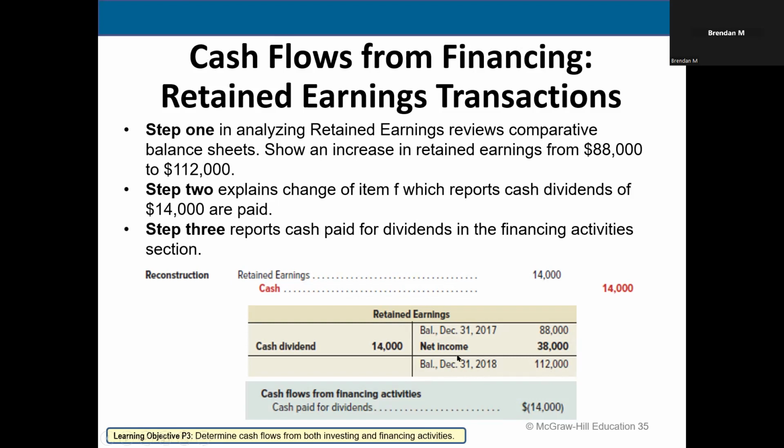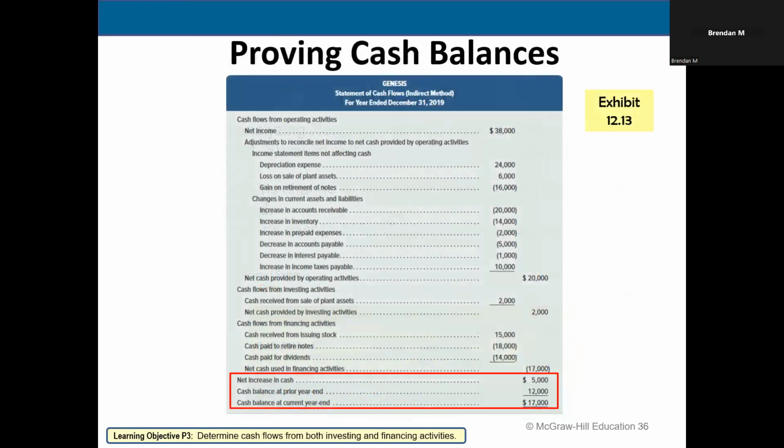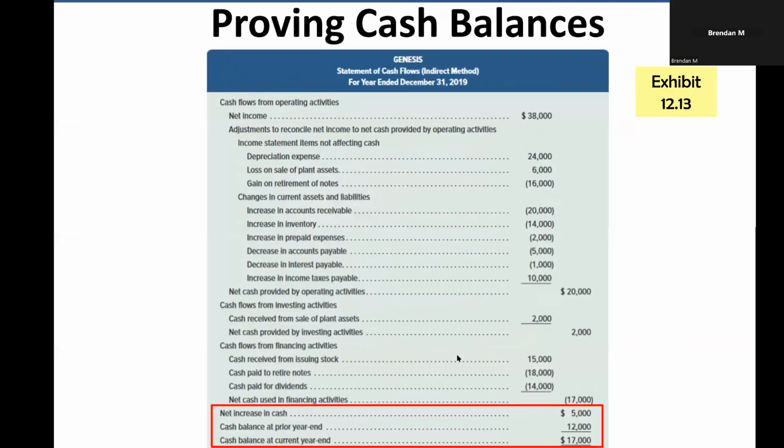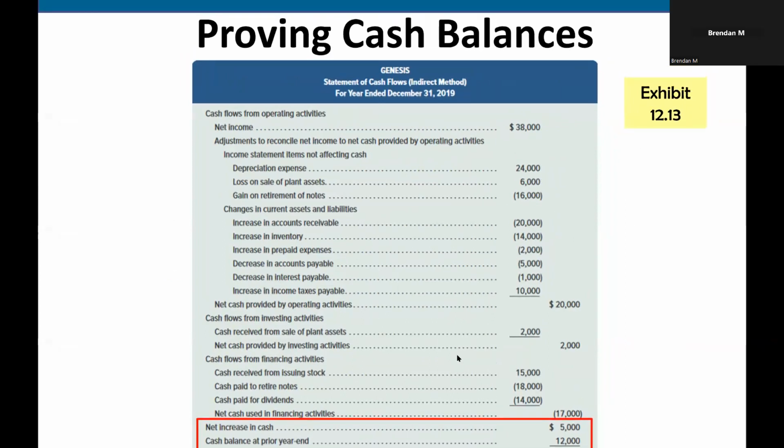Here's our net income. We already pulled that out to start the operating section of the cash flow statement. And here is the final cash flow statement. Again, it looks a little bit daunting, but divide and conquer. Net income plus depreciation expense plus or minus losses and gains on non-operating type activity.